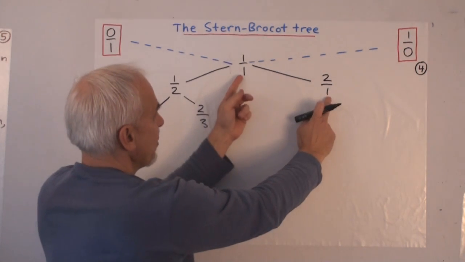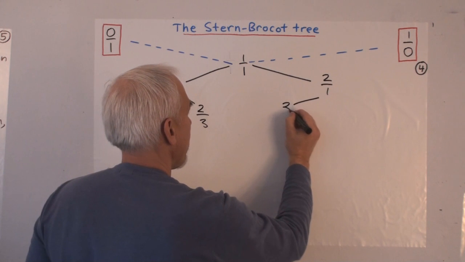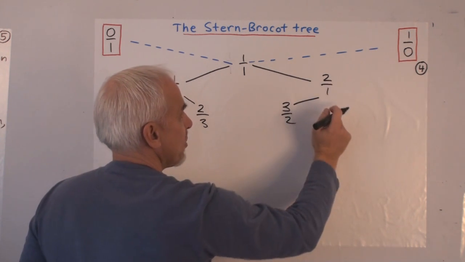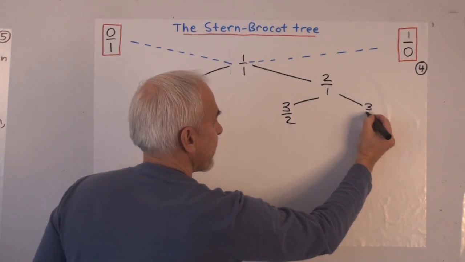The mediant between these two is 3/2, which we'll put here, and the mediant between these two is 3 over 1, which we'll put here.